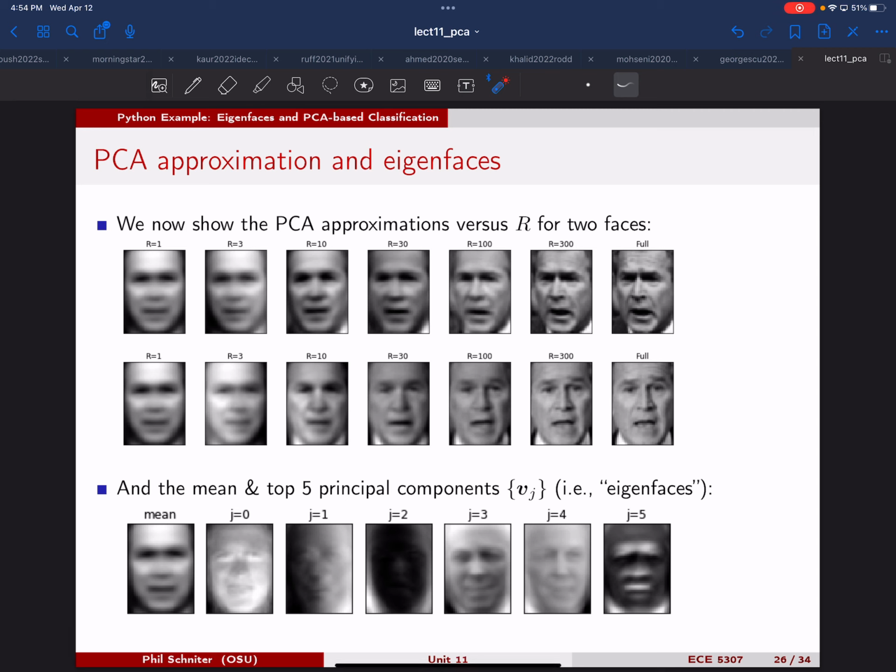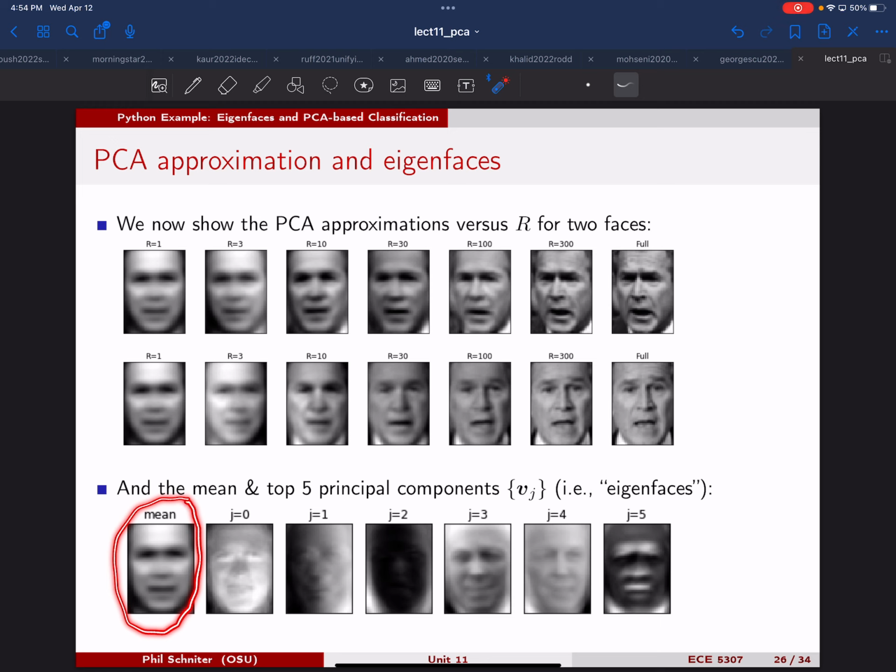Okay, so here's the cool pictures. We're going to look at two faces here. These are the full faces from the data set. And here is the PCA approximation as a function of the number of elements in our dictionary. So this is the absolute simplest you could do, approximating that face by 1. So let's be clear what we're doing here. On the bottom, I'm showing the mean across the data set.